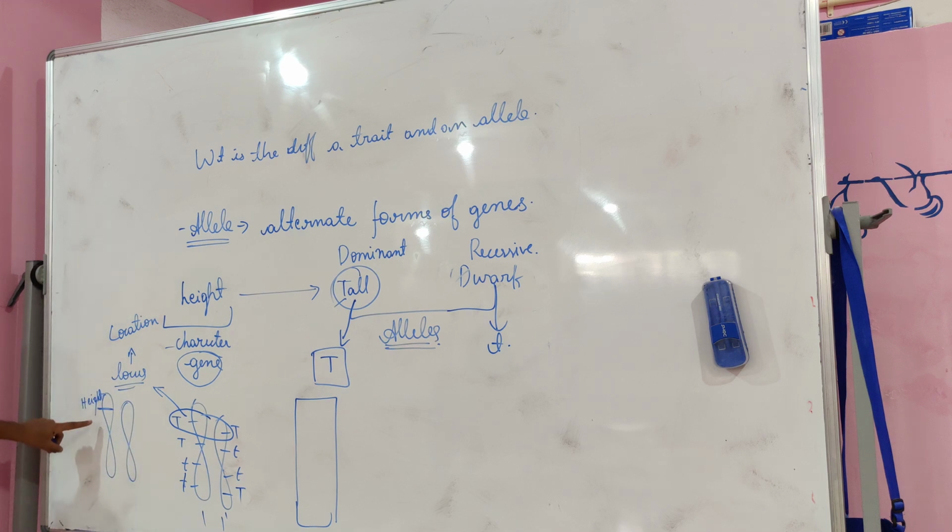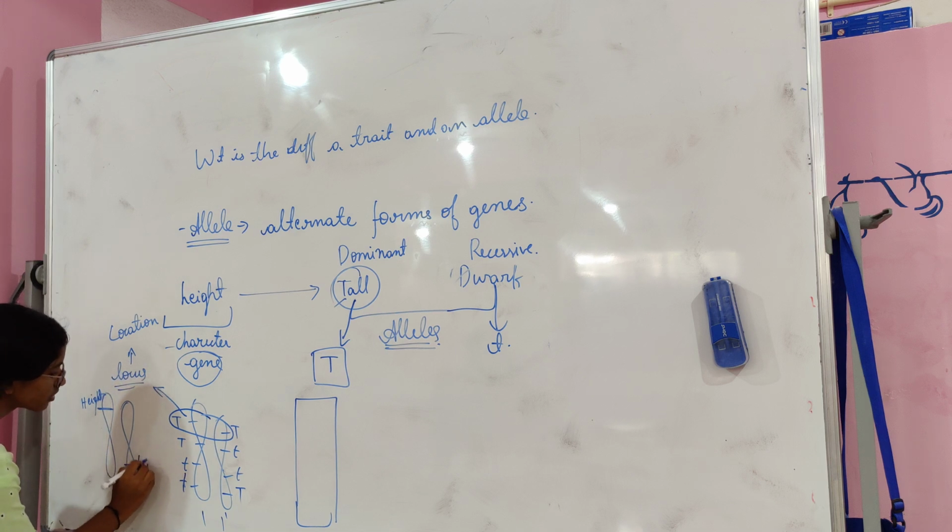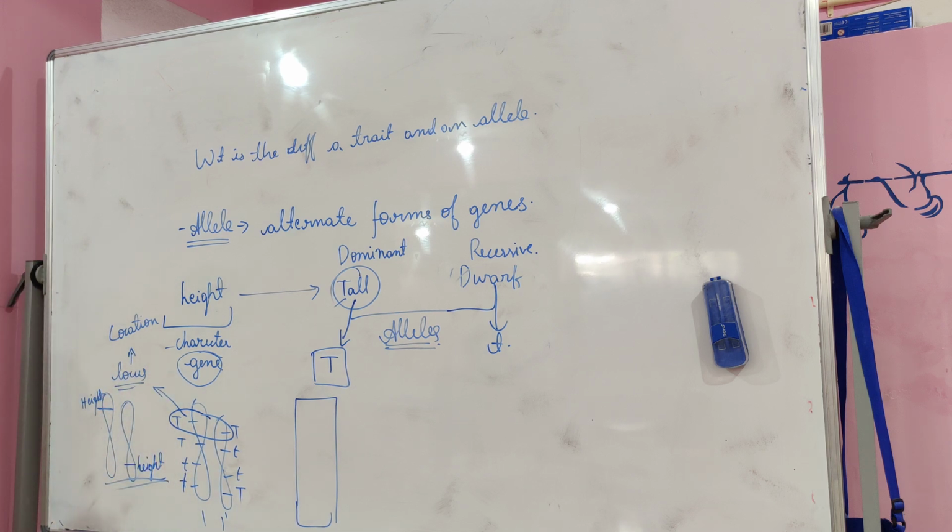One chromosome has the locus of height over here. And if this chromosome has the locus of height over here, tell me, will it form a pair of chromosomes? Why? The locus must be the same. Okay, this is locus. So if height is present over here, only then it can form a pair. It can't form a pair if it's here.